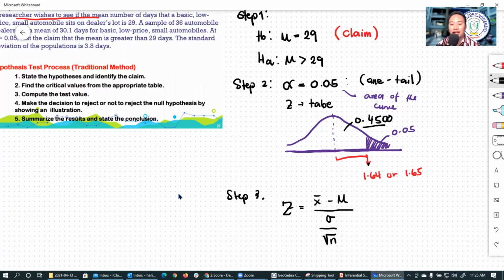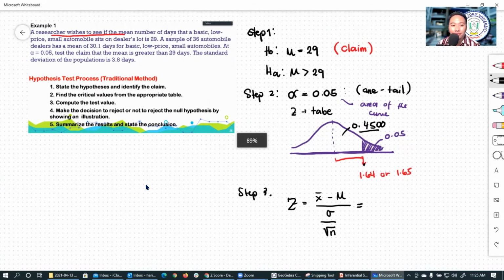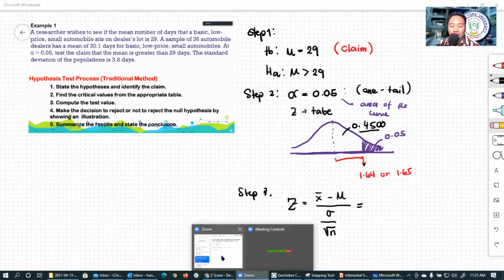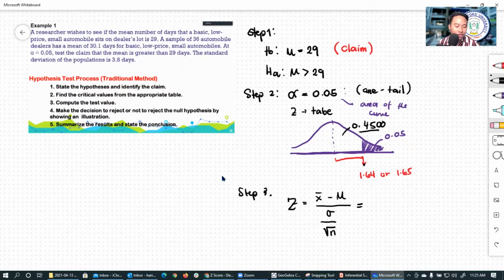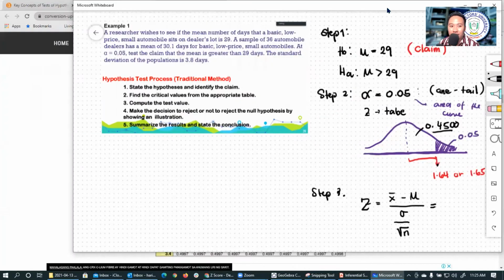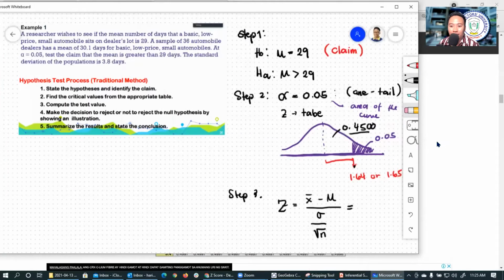Agree? Okay. What is the sample mean in the problem? Who would like to type or say the answer? I need answers in the chat box.